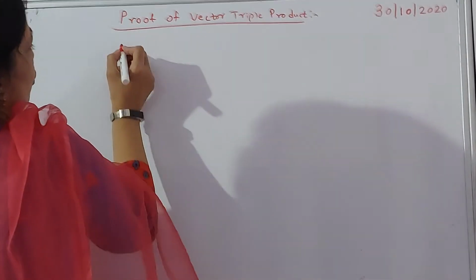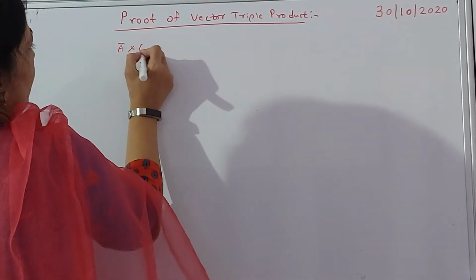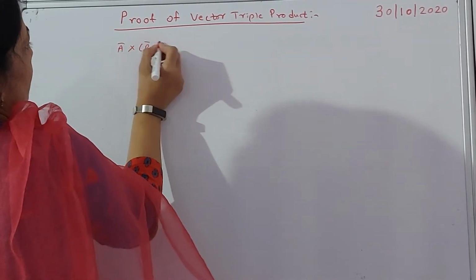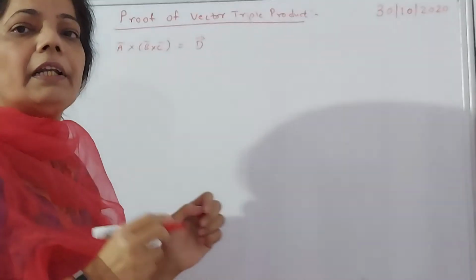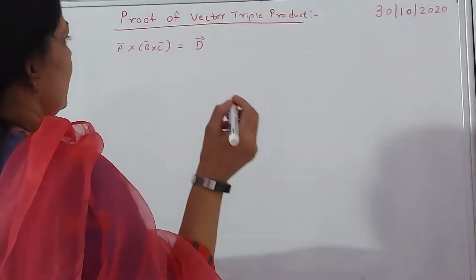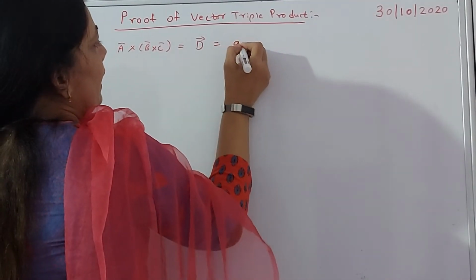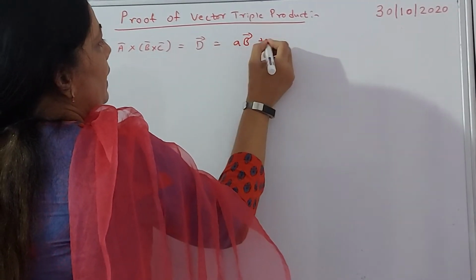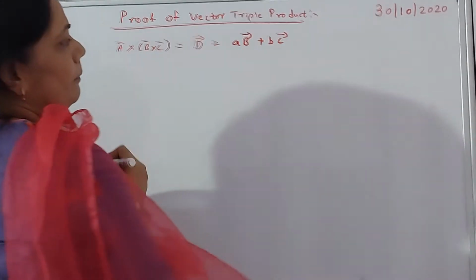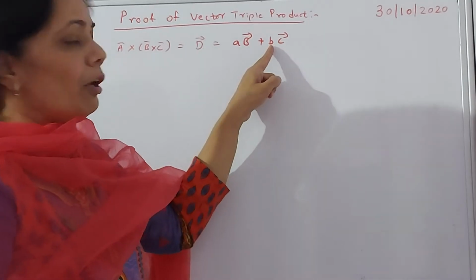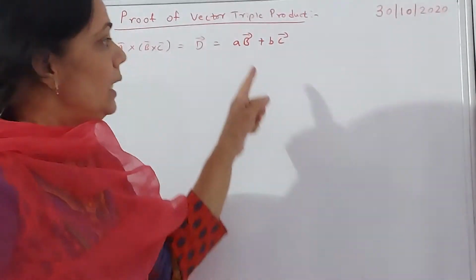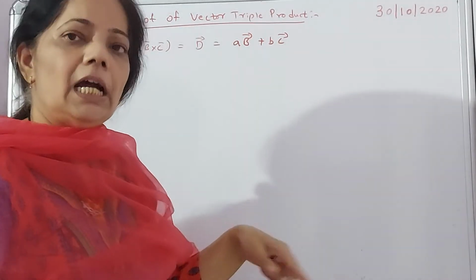Right? Suppose you have vector A cross B cross C. Suppose this is equal to a vector D, correct? And this I write as a B plus b C, a linear combination, where small a and small b are real numbers, and capital B and capital C are the vectors.